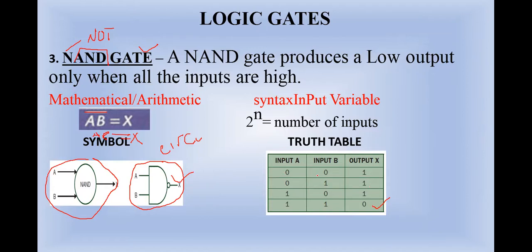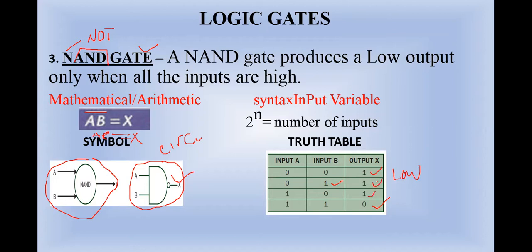If the inputs are the same, if they are both zeros, then you're going to have a high. If one of them is high, then you're going to have a high. Just like that, you get a high.